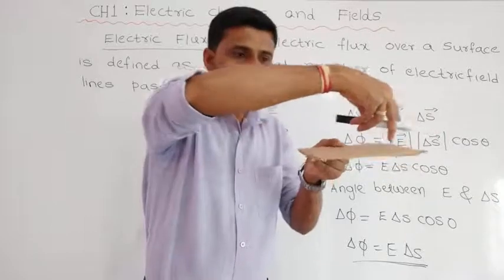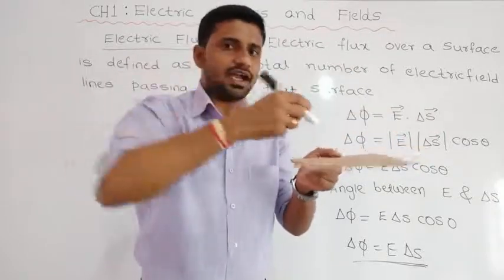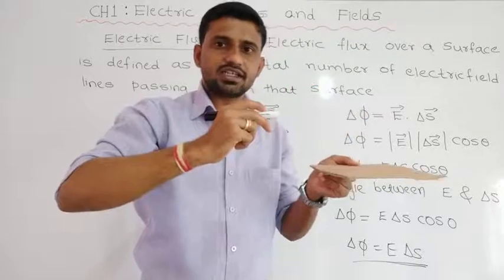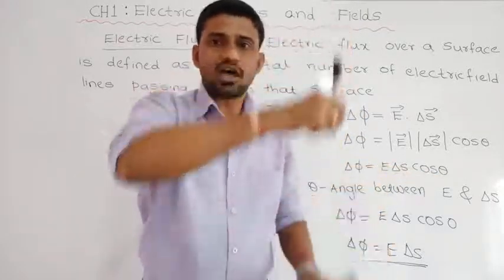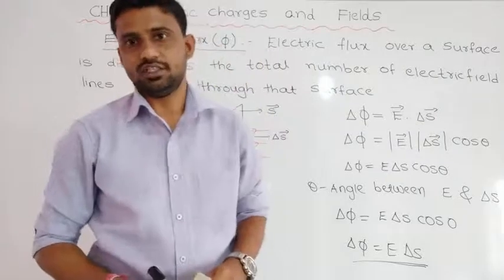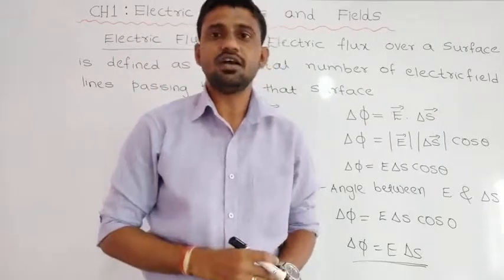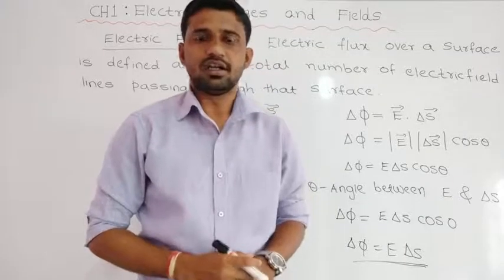Now the electric field line direction is like this and the surface area direction is like this. That means the electric field direction and surface area direction are perpendicular to each other. Then the angle between them is 90 degrees.